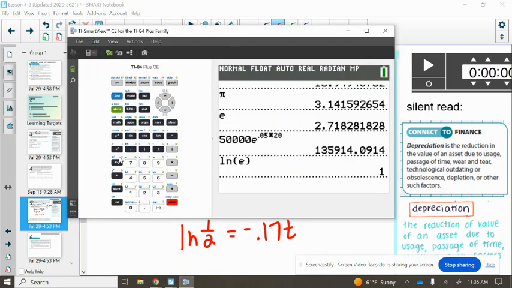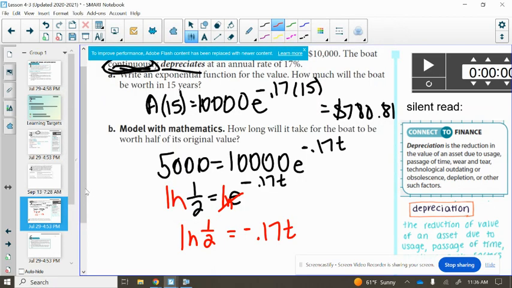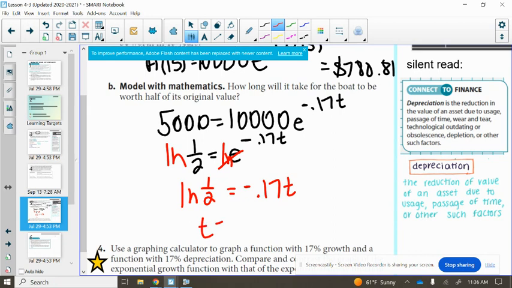And if I take the natural log of 1/2, divide it by negative 0.17, I get my time to be about 4.077 years. About 4.1 years, a little over 4 years, to get that time to depreciate.